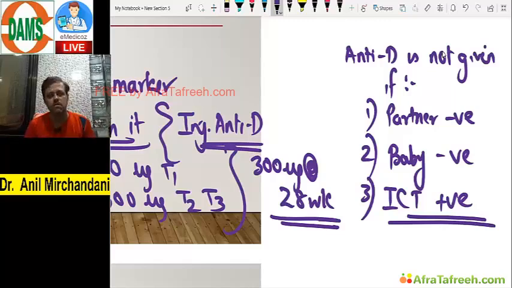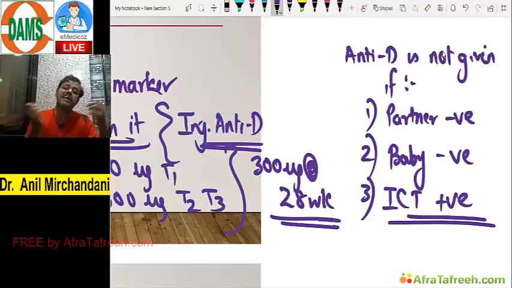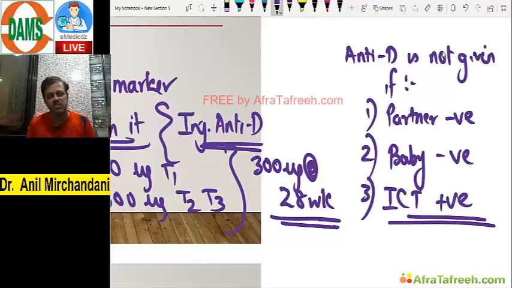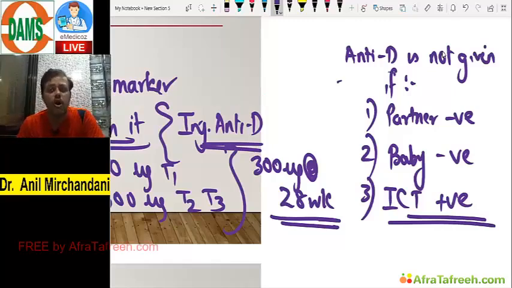The answer is no. Her memory cells already know how anti-D is produced because they are already exposed and anti-D production has already started in the body. That is why she is ICT positive. Now what is the aim of giving anti-D? Our aim of giving anti-D is to prevent isoimmunization. This will not happen if ICT is already positive. Am I clear about this?